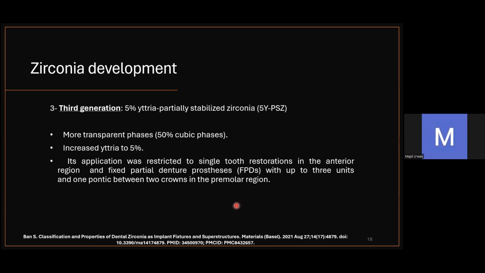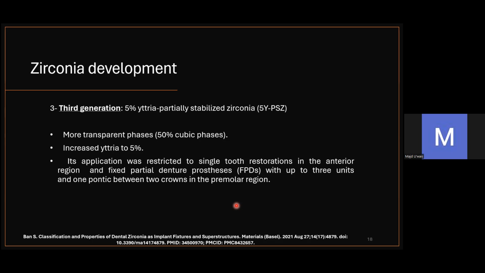To understand the idea behind these cubic phases, why they increase translucency: these cubic phases are larger in size than the other phases, which means there will be fewer edges and porosities or spaces between these phases, which means light will travel through fewer edges and porosity, so there will be less light scattering and more translucency.